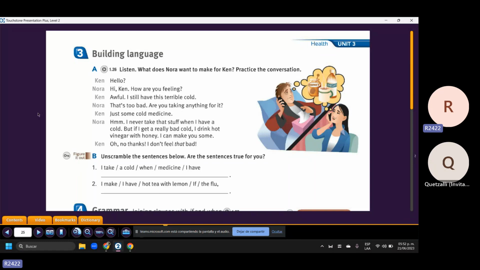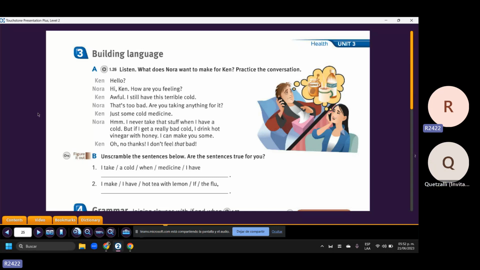The next activity, we need to unscramble the sentences below. For example, I take a cold when medicine I have. If we check the conversation, we have, when I have a cold, I take medicine, right?